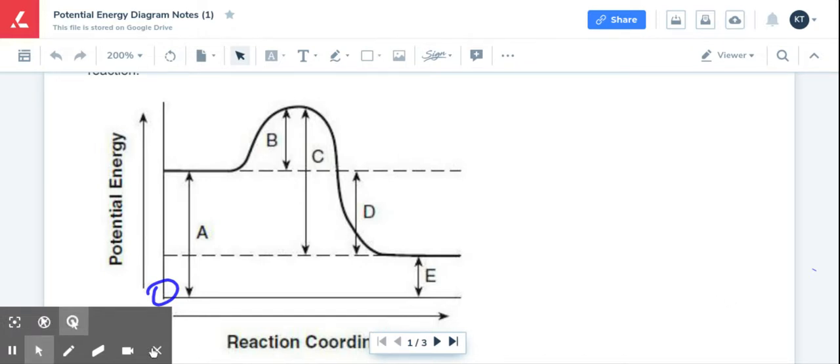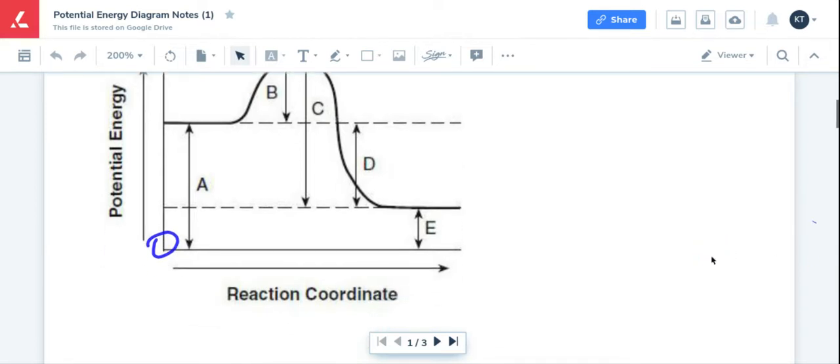And so what that means is as the reaction proceeds, this is going to be from start to finish. So start over here on the left with the reactants and then finishes over here on the right with the products. And there are a variety of lettered arrows that we're looking at, and we are going to define those.